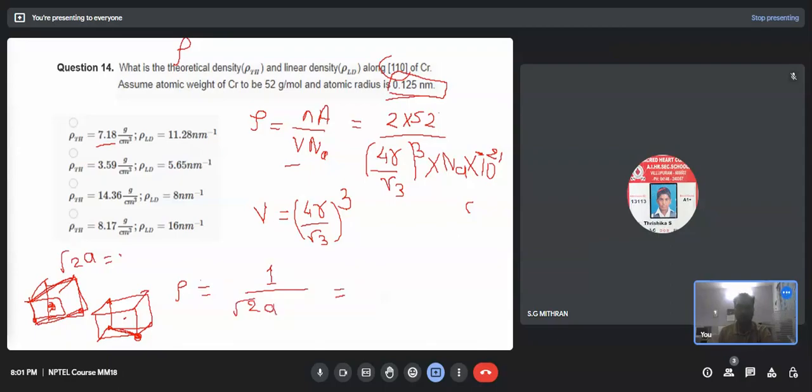If we put in these values, a will be 4r by root 3. If we put it in this formula, we'll get the value of 11.28.